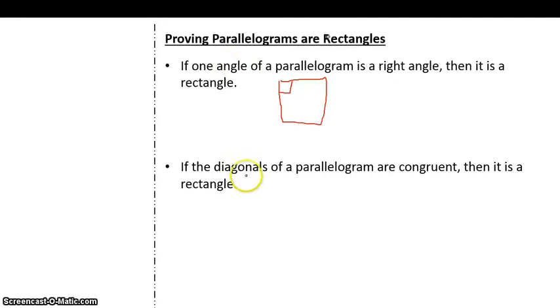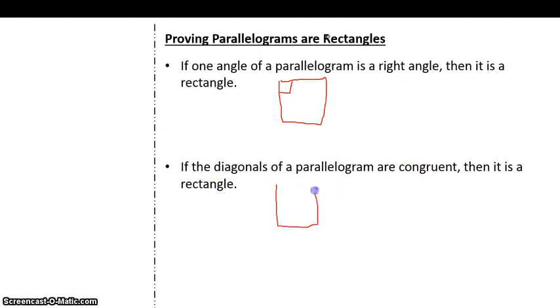Now, both of these things are not anything new. Remember the definition of a rectangle says you have 4 right angles. So if they tell you it's a parallelogram and give you one right angle, by the reasons we showed before, we could then show that all of these are right angles, which is the definition of a rectangle. This was also one of them. If the diagonals of a parallelogram are congruent, then it's a rectangle.